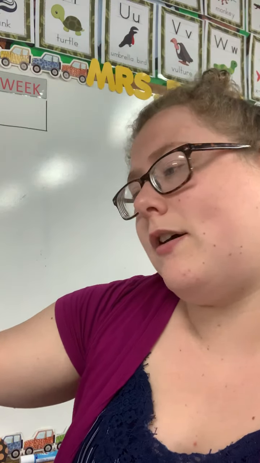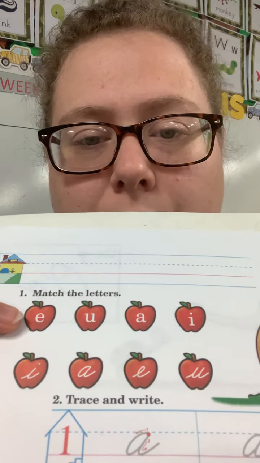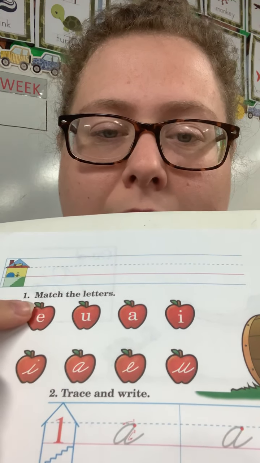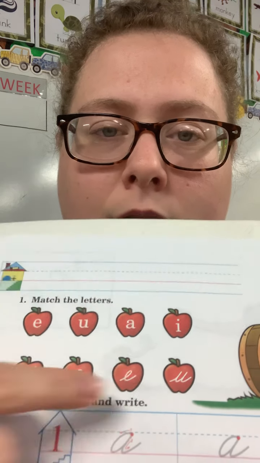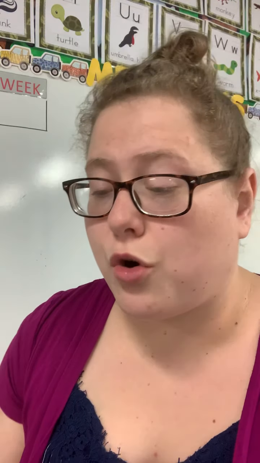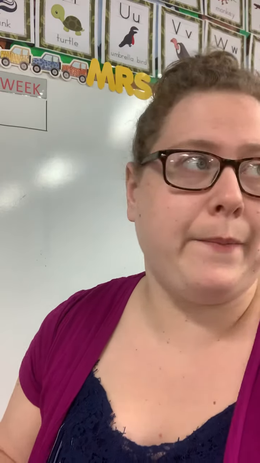The first one is letter E. So you're gonna take your pencil and draw from E all the way to E so they match, okay? And after you do that for all 4 of them, we're gonna move down and learn how to trace and write our letter A, okay?